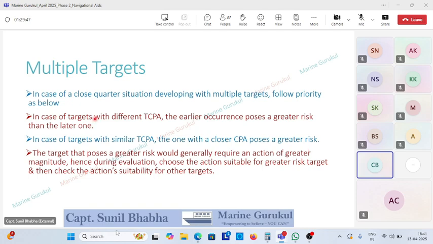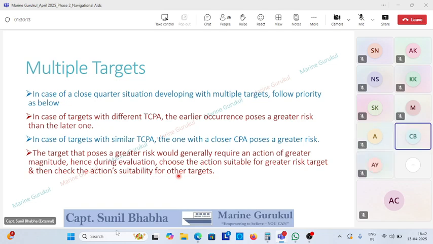Now, once you find out or pinpoint the target which poses a greater risk, that target would require an action of greater magnitude. Hence, during evaluation, choose the action suitable for the greater risk target and then check this action's suitability for other targets also.